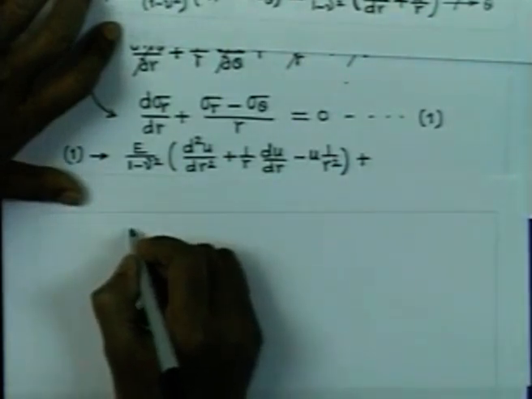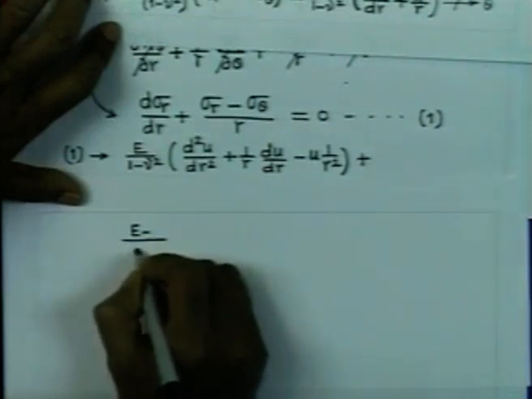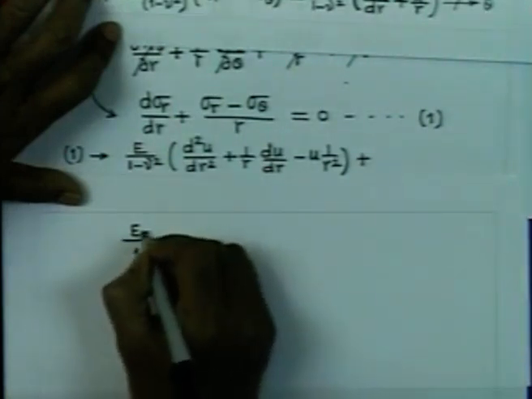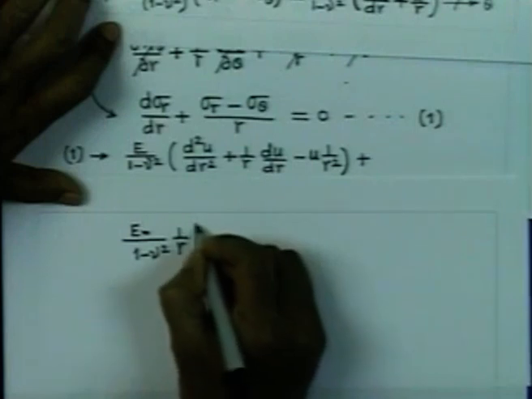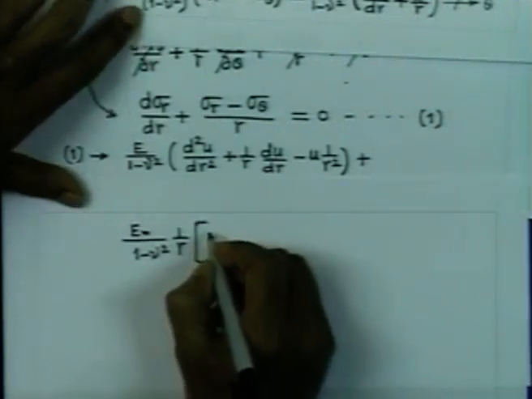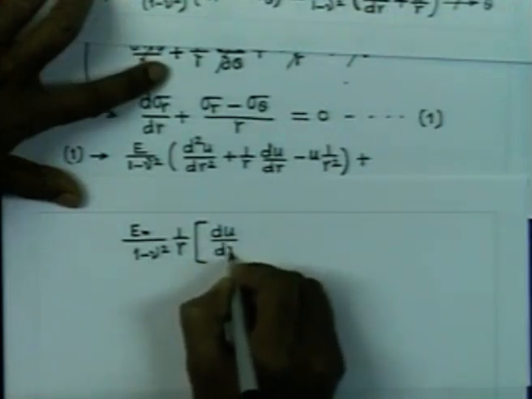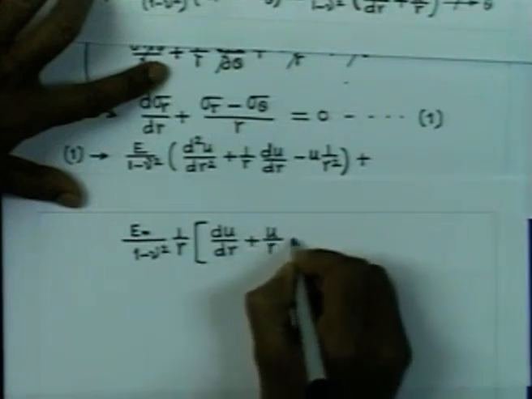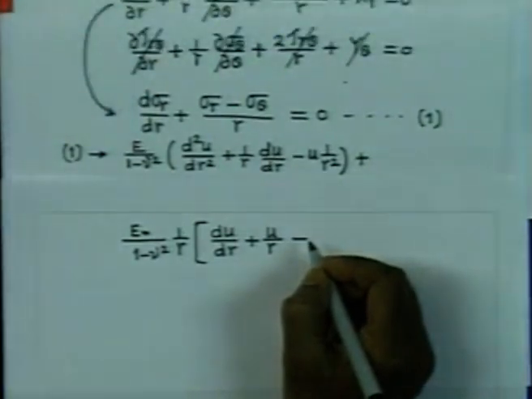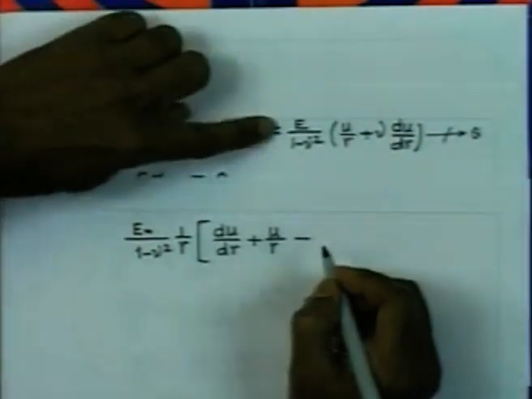So, we will have plus, we are going to get now E by 1 minus nu square, we have 1 by r, and then we have sigma r, that will give us du dr plus u by r, and due to sigma theta we can make use of this expression here.